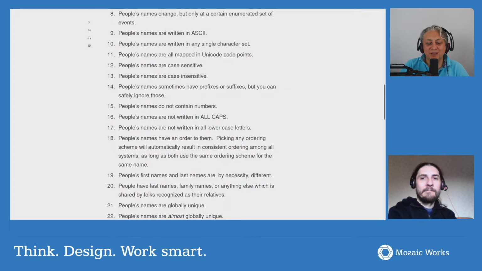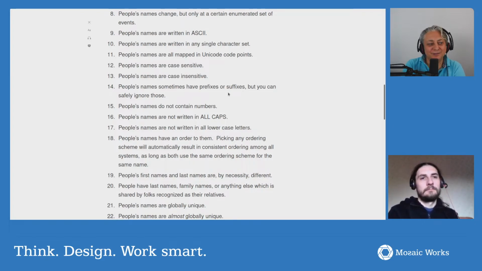People's names sometimes have prefixes or suffixes, but you can safely ignore those. I actually don't know examples for this, but I think some French names are also like that.